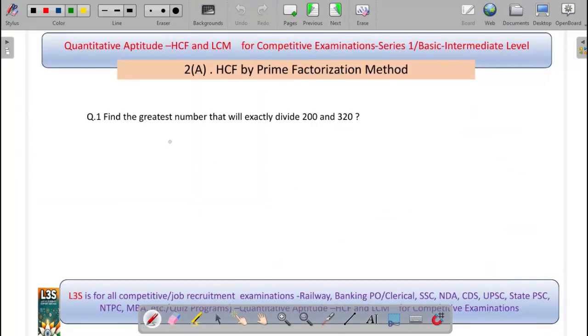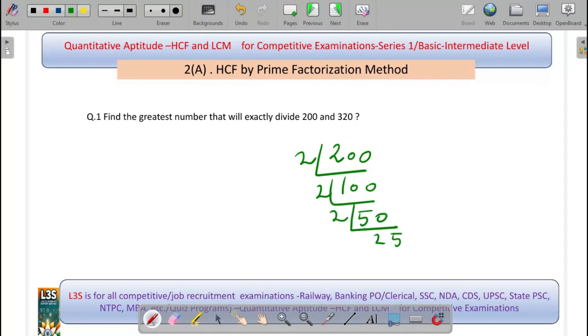Let's take another question. Find the greatest number that will exactly divide 200 and 320. If we have to find the greatest number that will divide 200 and 320, that means we have to find the highest common factor, HCF. So for 200, we will first find the factors: 5 into 5.